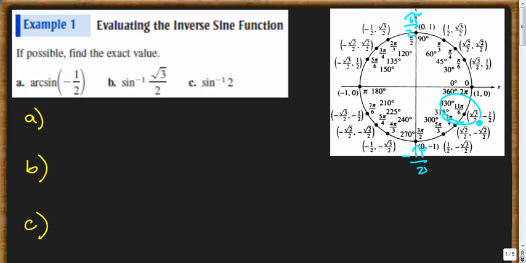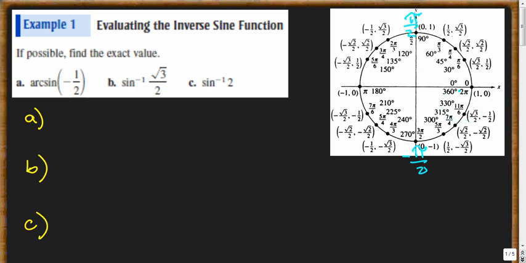Well, we can't answer 11 pi over 6 because that is technically not in our range, right? We have to answer between negative pi over 2 and pi over 2. So we need to know what the coterminal is to 11 pi over 6. These ideas of coterminals are pretty important for us, guys. So the coterminal angle that fits in here is going to be a negative number.